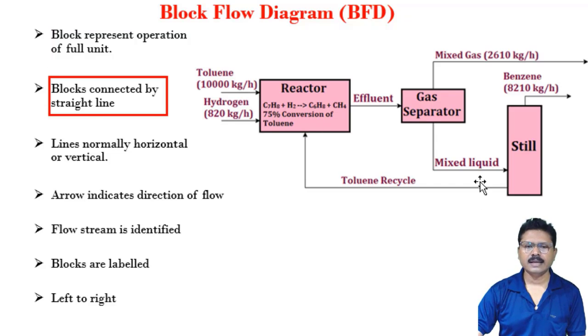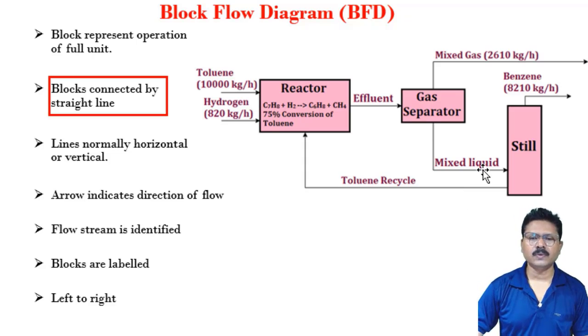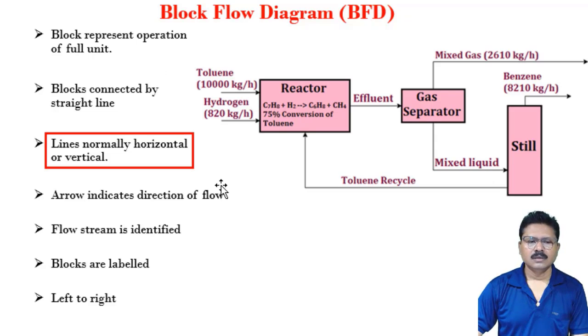The blocks are connected by straight lines which represent the process flow streams. The process flow streams may be a mixture of liquids, gases and solids flowing through pipes or ducts. Process flow streams flowing into and out of the blocks are represented by neatly drawn straight lines.